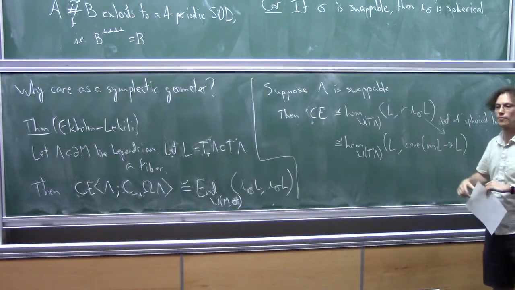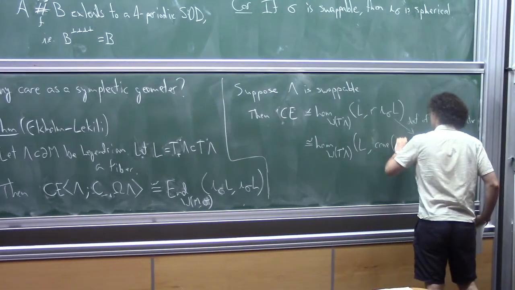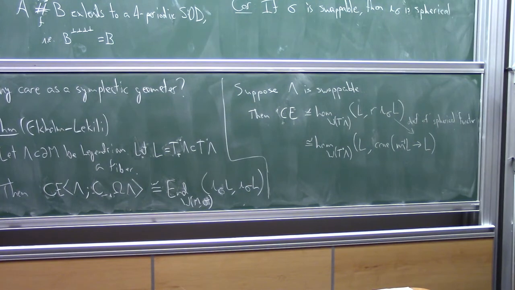It's not just anything. Oh wait, sorry, it's the inverse of that. I'll just say M inverse, the inverse of the geometric monodromy.